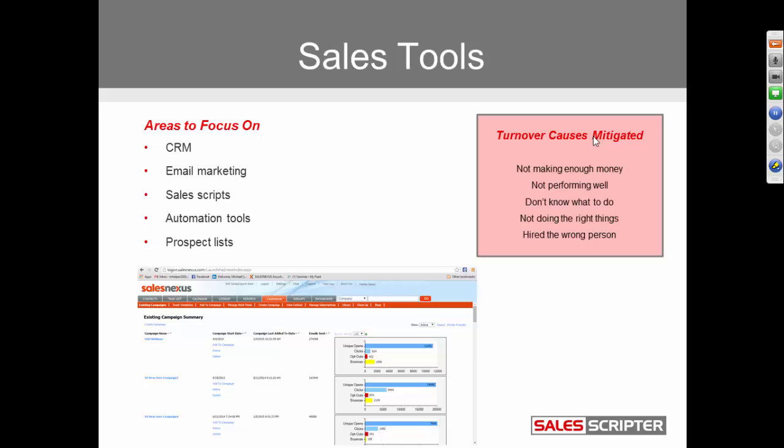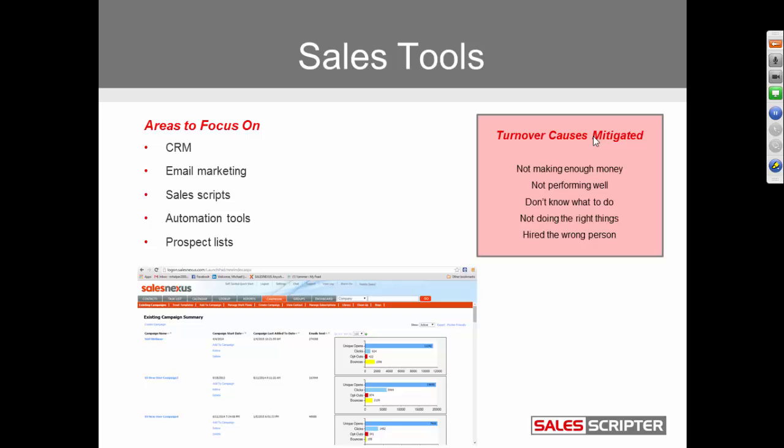You're going to be able to email market to a large audience and achieve a lot more, and that can create leads and help make the job easier for the salesperson by giving them more warm leads to work on. Are you providing any tools for sales scripts, like some kind of tool that helps them to know what to say and ask? Any automation tools, prospect lists.